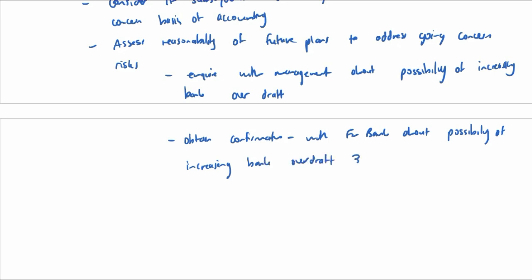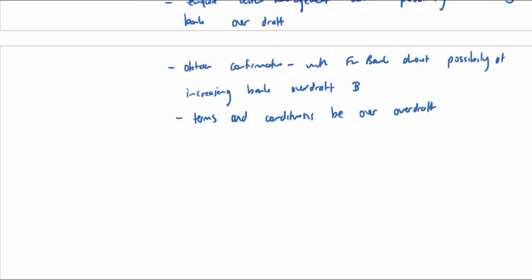And what will the terms and conditions be over that overdraft? Because surely if they've already reached the limit, it's unlikely that they're going to be very favorable terms. As soon as I'm doing a bank confirmation, go and obtain an attorney confirmation.